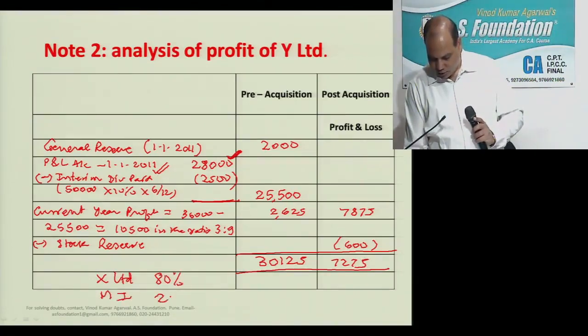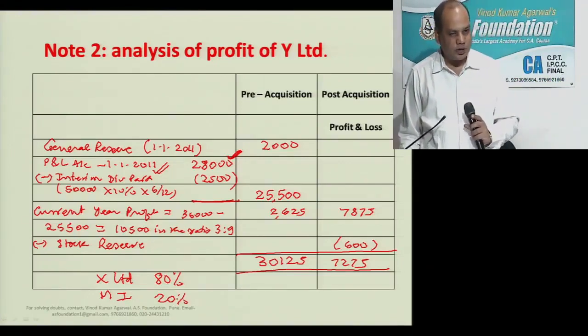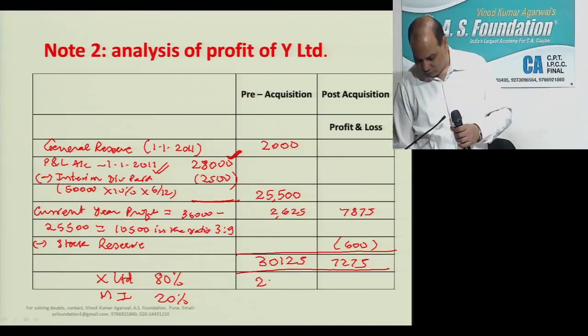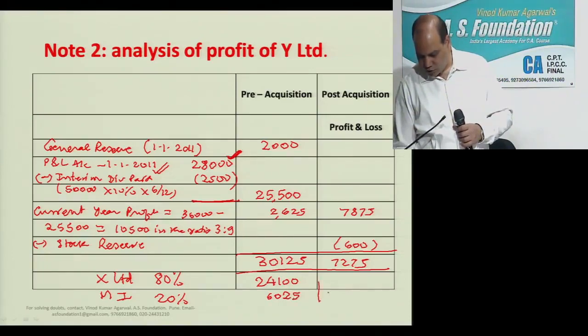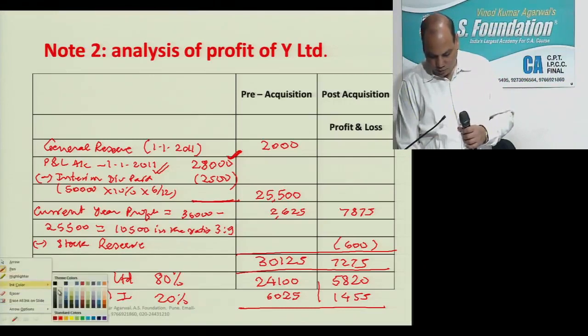Minority interest 20%. 80% of 30,125 is 24,100, right? And 6,025. Next column 5,820 and 1,455. Up to this you have done.